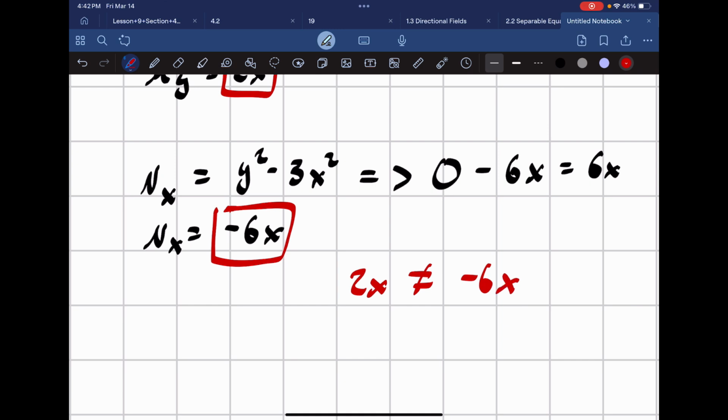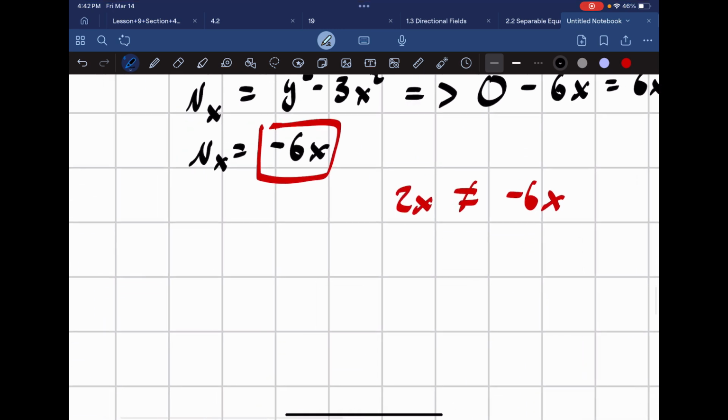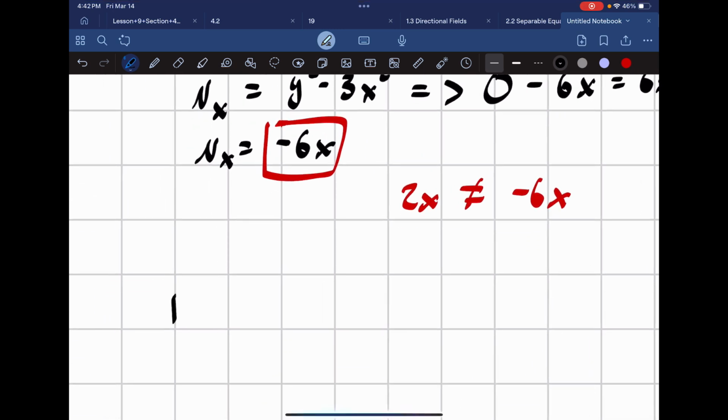So basically, since they're not equal to each other, we would find the special integration. Special integration is defined as mu of x or mu of y.